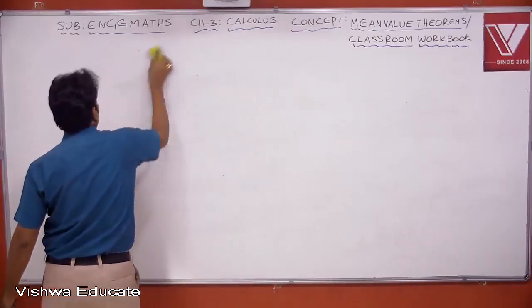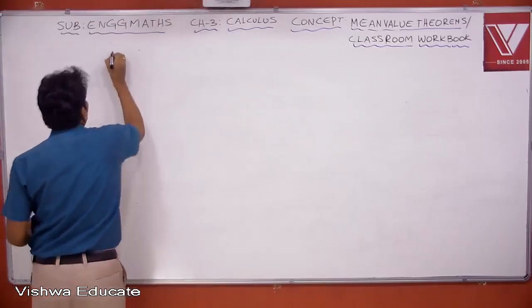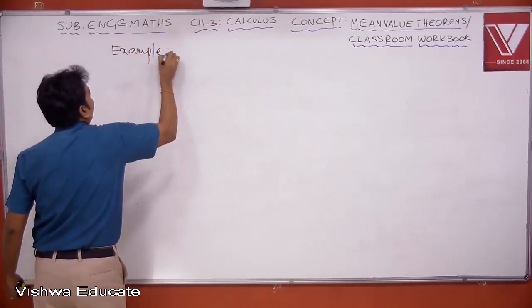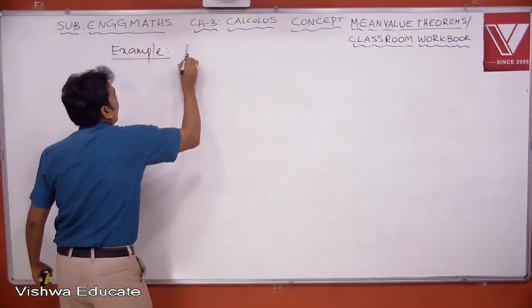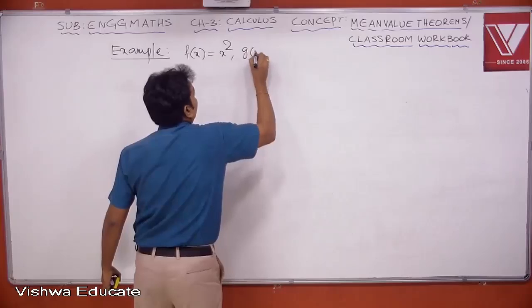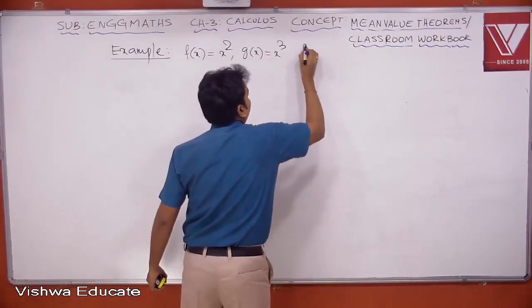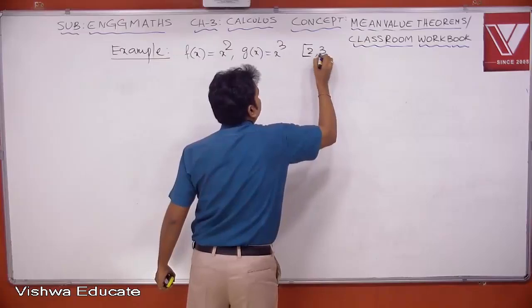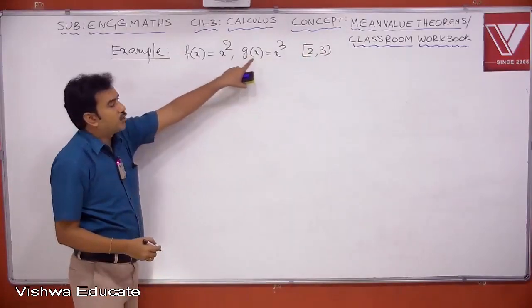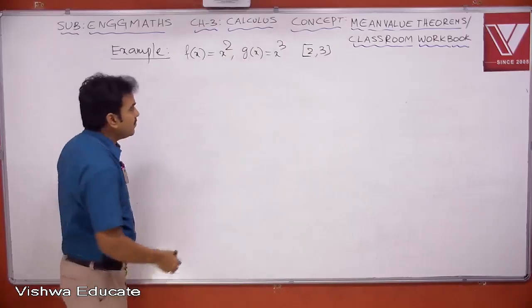Now let us discuss one example on this mean value theorem. Suppose we have f of x equal to x square, g of x equal to x cube. Assume that the interval is 2, 3. We need to verify Cauchy's mean value theorem for these two functions in this interval.